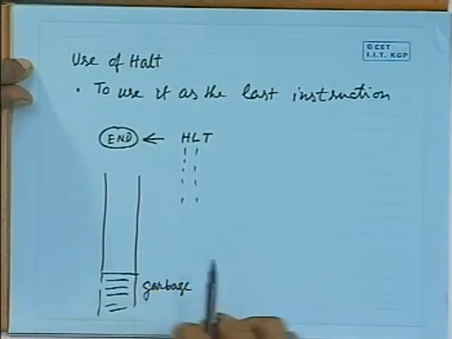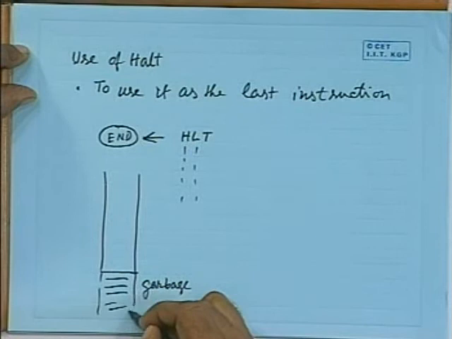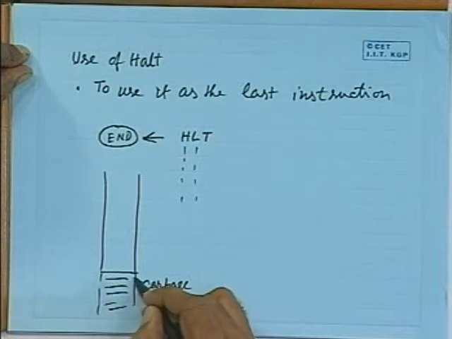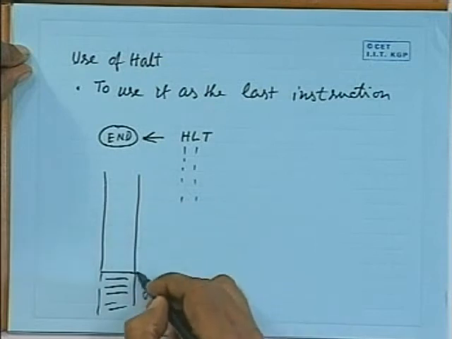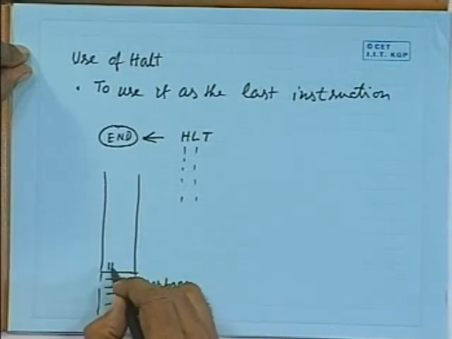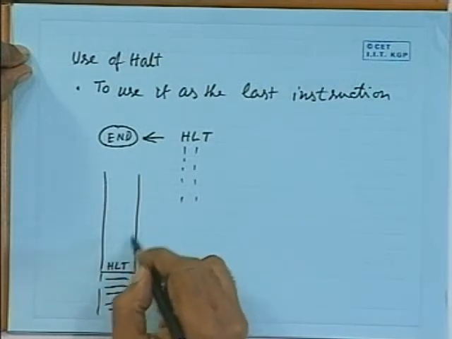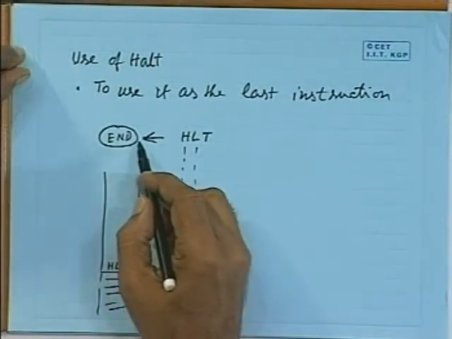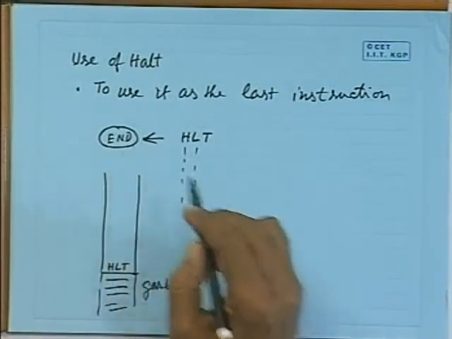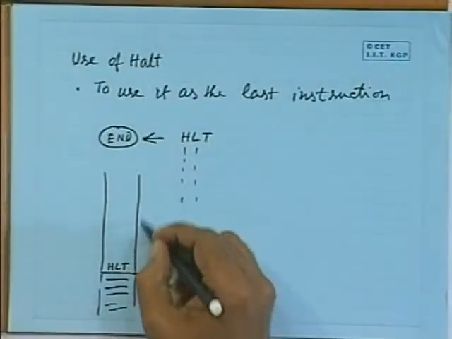Obviously, you want that these garbage codes, which are not really instructions, should not be executed. So, to prevent execution of garbage code present after your program, you will put a halt instruction at the end of your program. So, this serves the purpose of the end symbol of your flowchart. So, that is why halt is always written after the end of the program.